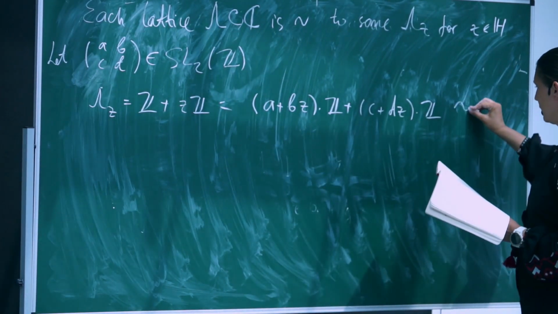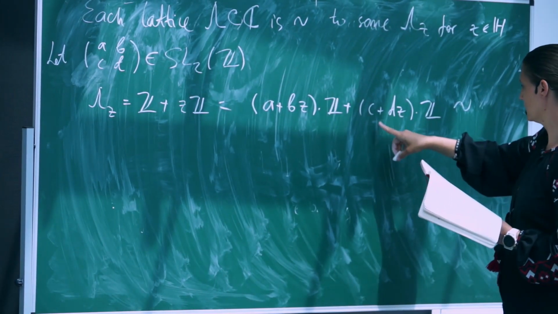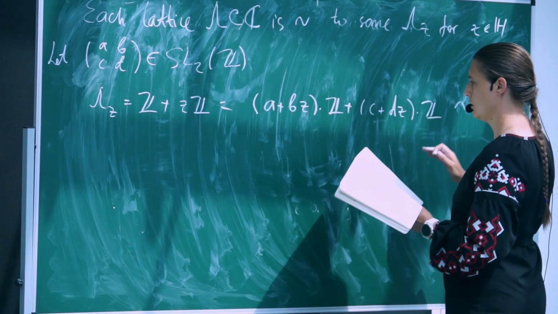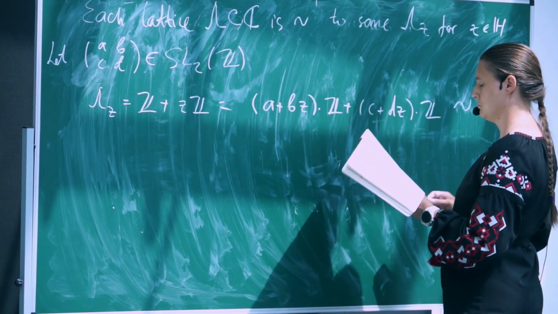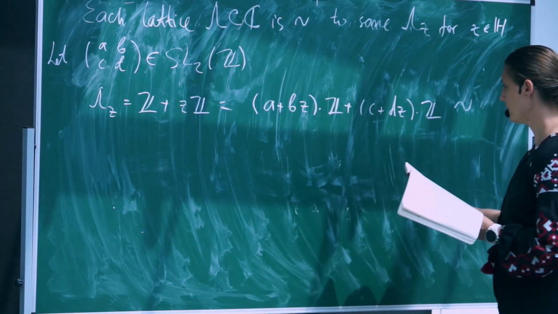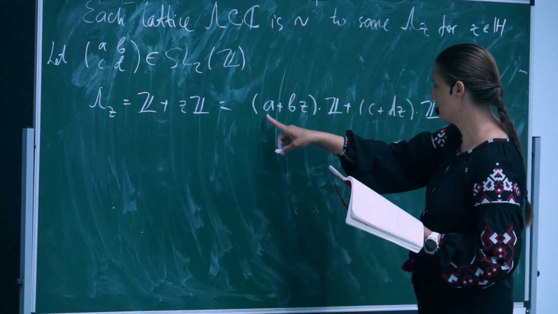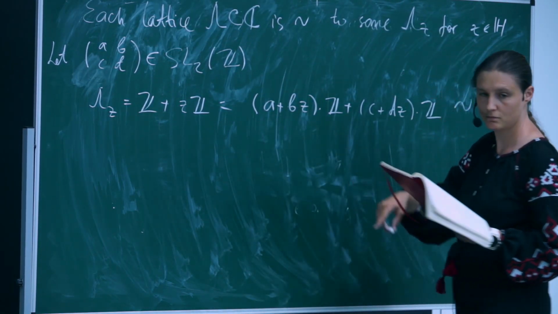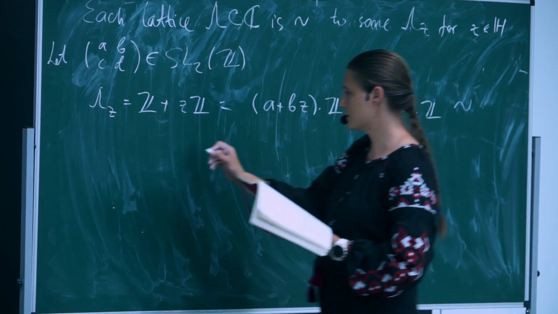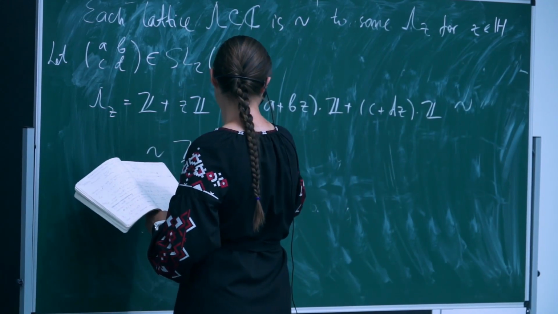Now we can, for example, divide this by A plus Bz. And so we'll see that this is equivalent to a lattice like this.